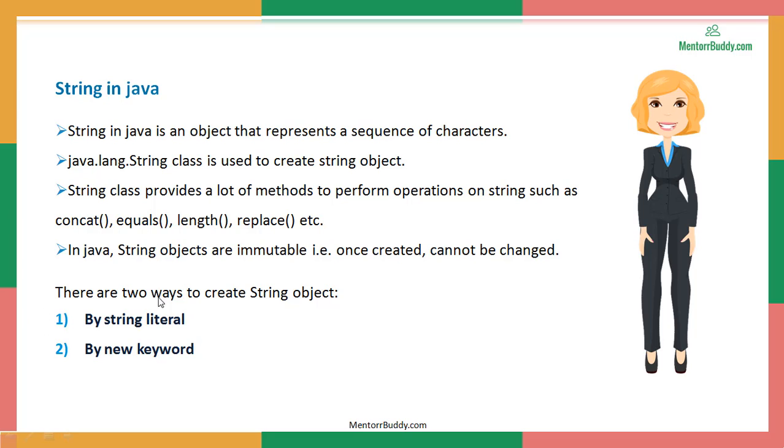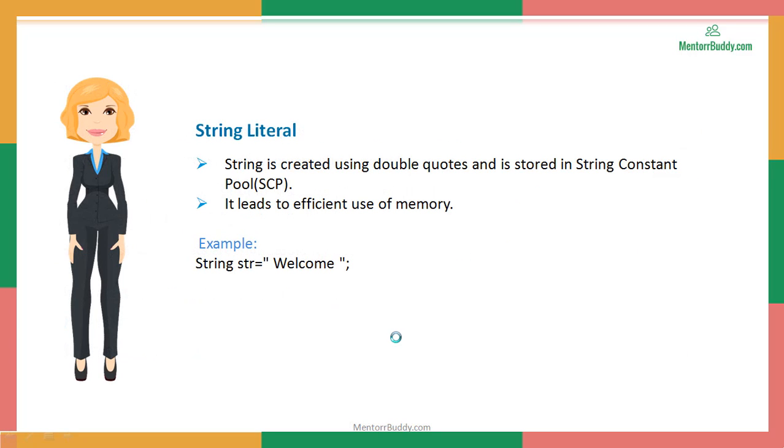Now let us see these two ways of creating a string object. The first way is using the literal mechanism. Here the string is created by using double quotes and it is stored in a special memory area called the string constant pool, or SCP, and it leads to efficient use of memory.